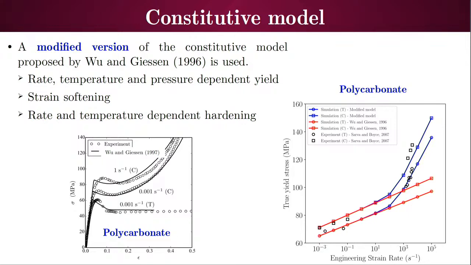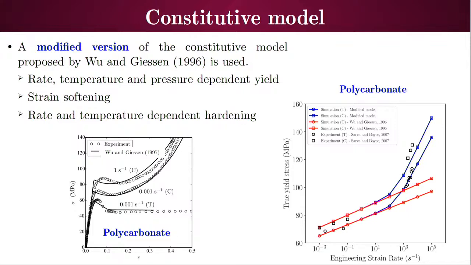The black dots here show the experimental data of yield stress with respect to strain rate. The general behavior shows that up to a certain strain rate it follows a constant slope, and after a certain strain rate, under impact conditions, it follows another slope. There is a change in slope of the yield stress at a higher rate.